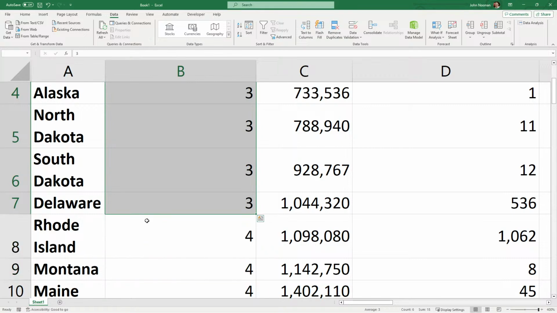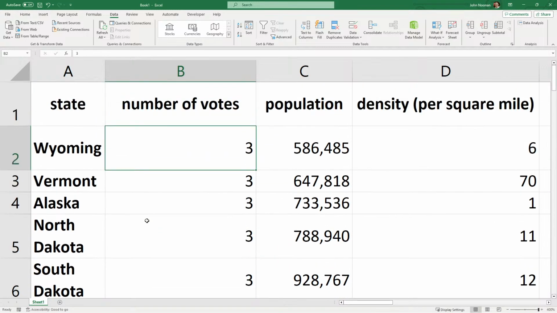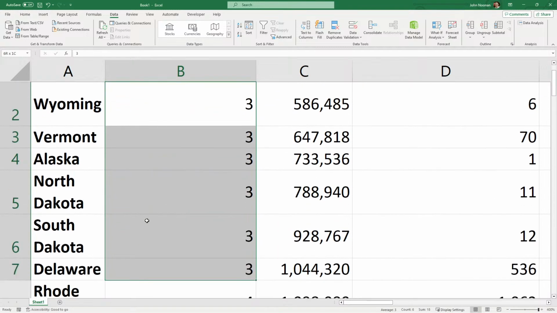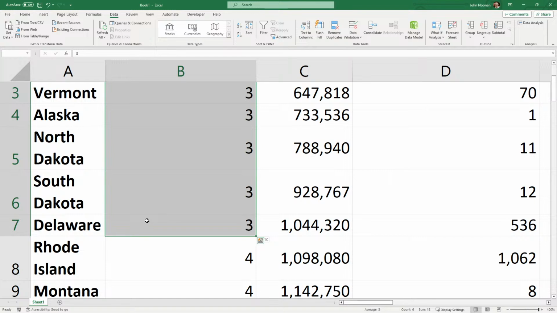There's 7 or is it 6? I think it's 6. Yeah, 6 states. Oh, if you include District of Columbia, it's 7, because I have sorted by population, not by number of votes. So you have 7 different groups. Oh yeah, and we don't even give Puerto Rico a say, although their population is bigger than Wyoming.